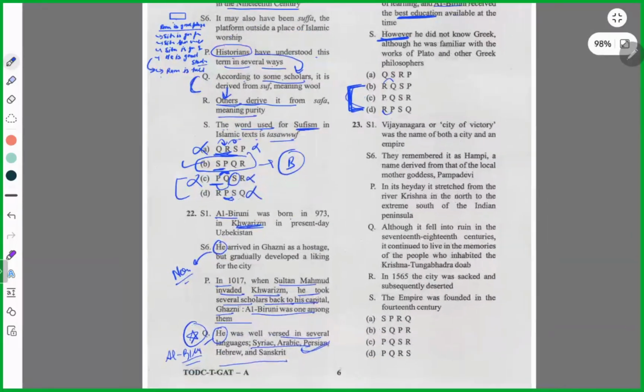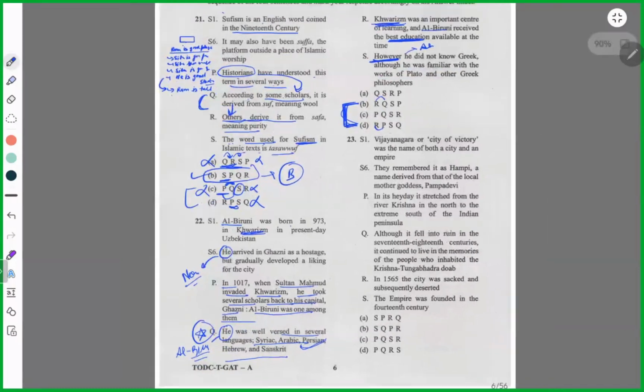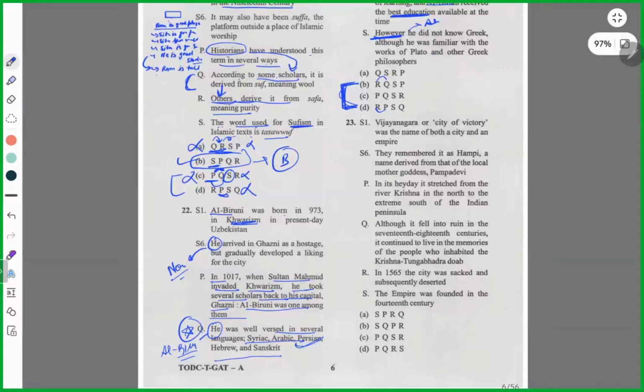RQS. Let us say S: however, he did not know Greek, although he was familiar with the works of Plato and the other Greek philosophers. Again, he is for Al-Biruni. Then P: in 1017, when Sultan Mahmud invaded Khwarizm, he took several scholars back to his capital. Al-Biruni was one of them.